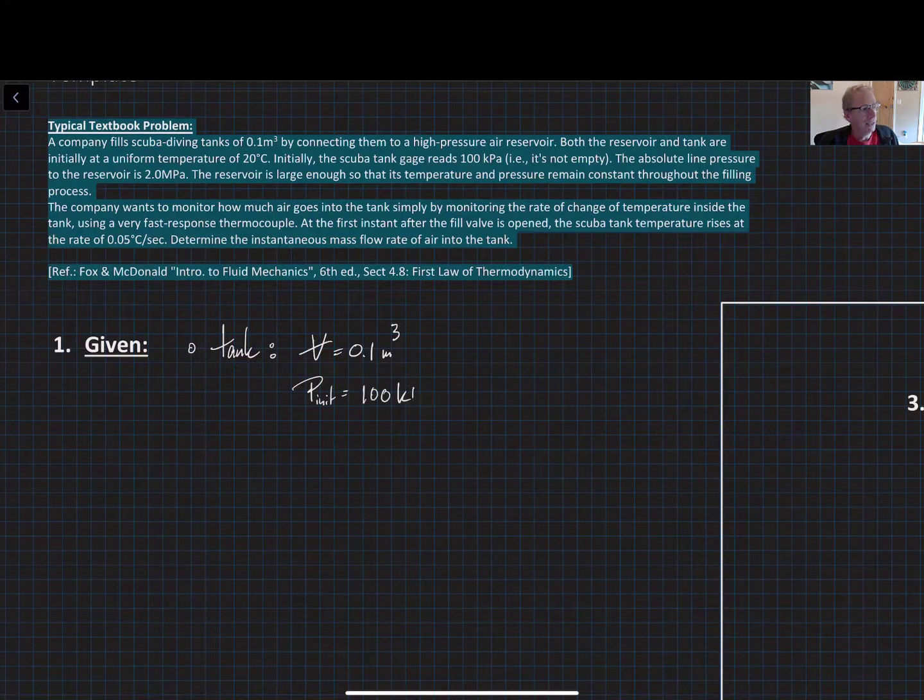So I'm outlining the tank data that's given to me, namely the volume, the initial pressure, highlighting the fact that it's gauge pressure, not absolute, initial temperature, and I do the same with the reservoir.